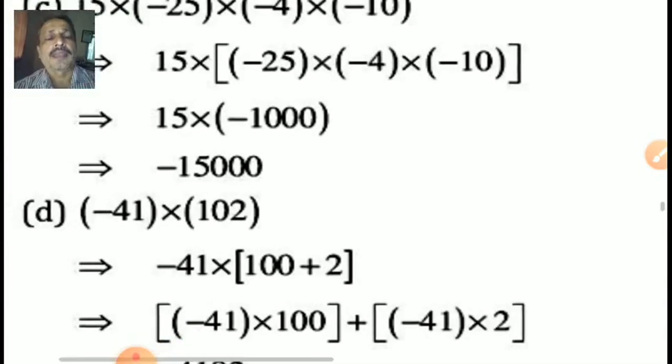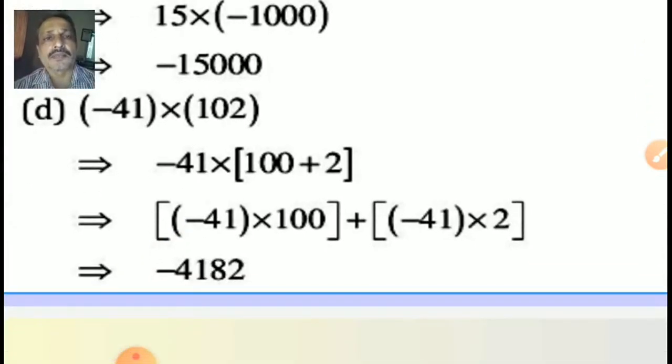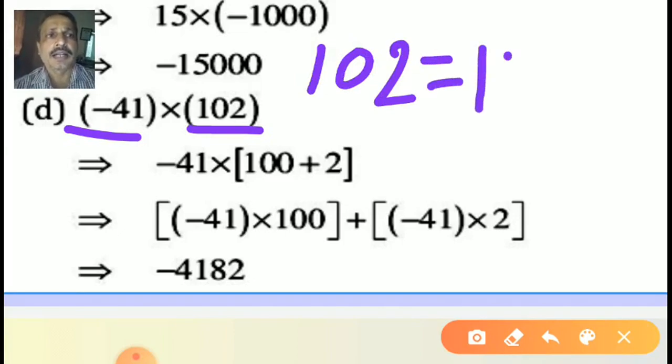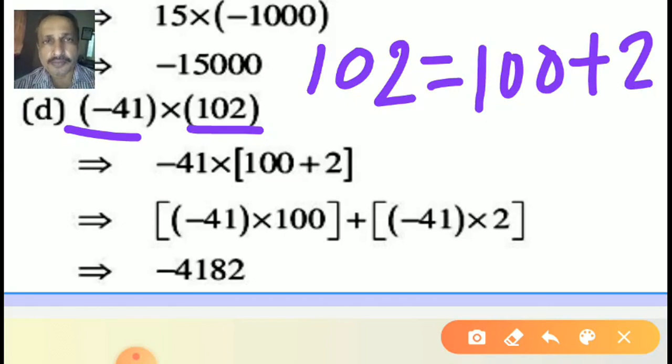Very good. Now D: two numbers are there, 41 into 102, but minus 41 is there. A sign is needed because one number is minus and one is plus, which gives the answer minus. In place of 102, can I write it this way, 100 plus 2? Yes, why not?